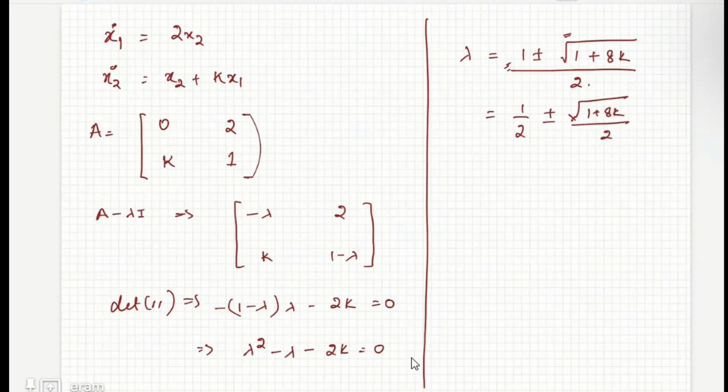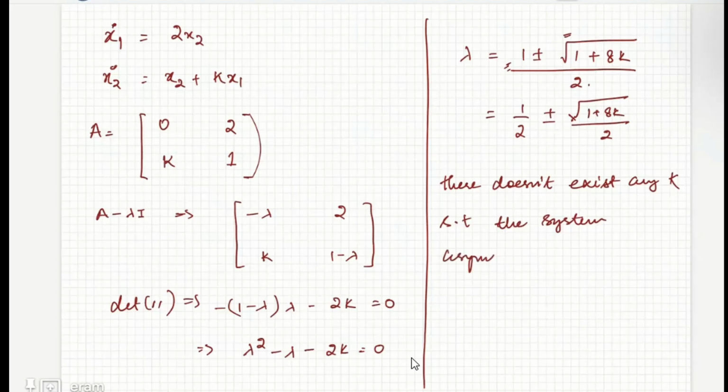So what we can conclude is that there doesn't exist any k such that the system is asymptotically stable.